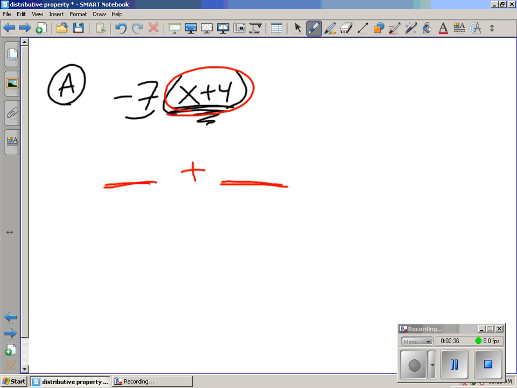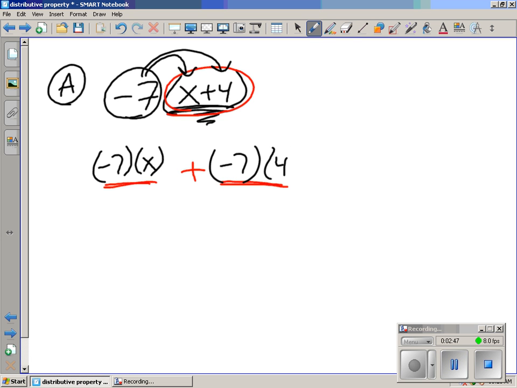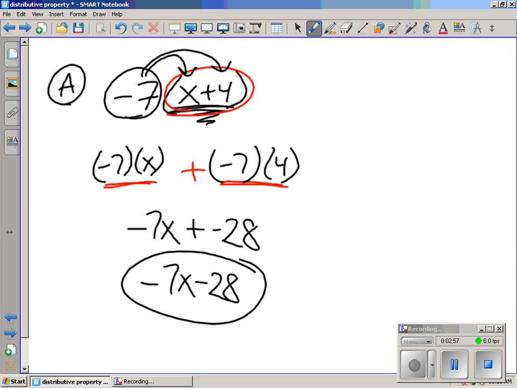You always take what's on the outside and you multiply it by the first value, x, and then we take the -7 and we multiply it by the second value, which is 4, and then we simplify and we get -7x plus a -28. You could write these in different ways. I could have also written this as -7x minus 28. But we cannot combine the -7x and the -28, so that's our final answer. It's as simple as it gets.